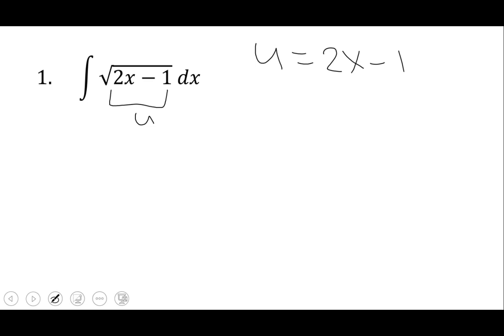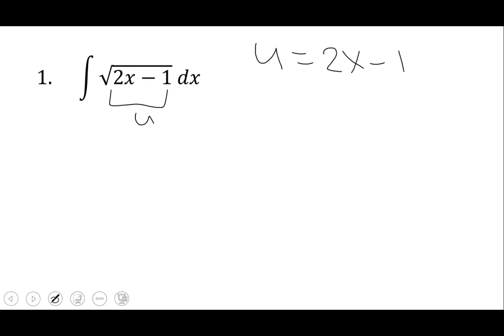You are then going to take the derivative of u equals 2x minus 1. For this first example, I'm going to show you all the steps, and then for the rest of the examples, we're going to kind of cheat a little bit to save a step. So u equals 2x minus 1, you are being asked to take the derivative in terms of x.